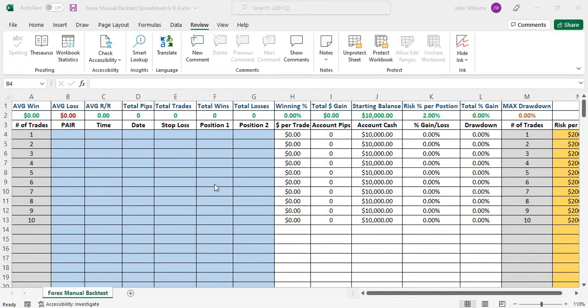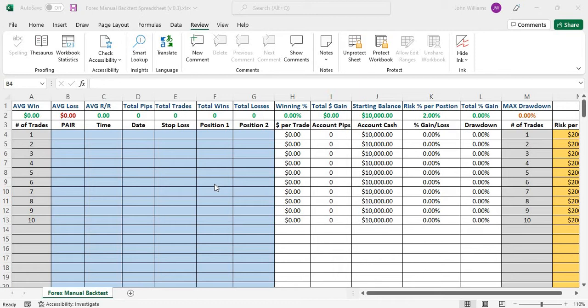Now, based on my understanding, backtesting is basically a way of assessing how viable your trading strategy is. So whatever trading strategy you decide to use, the backtesting will look at how viable it is.